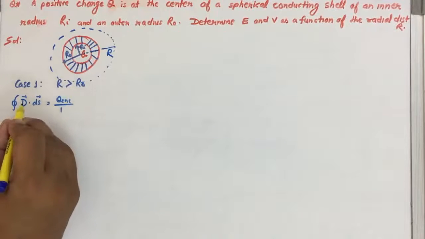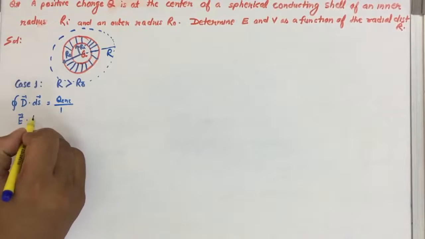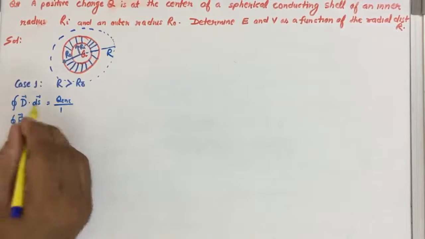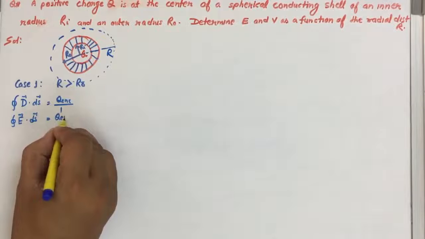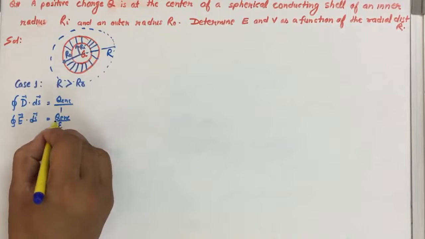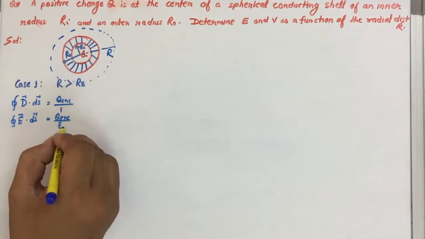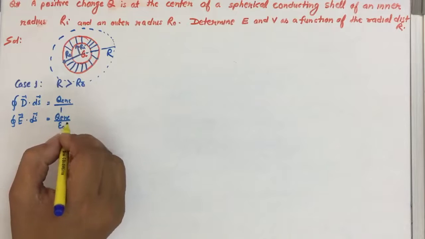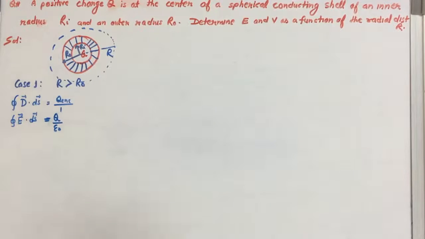So here we can write epsilon E. So from here we can write the integral of E dot dS will be equal to the Q enclosed by epsilon. We are talking about the free space, so it is epsilon naught.